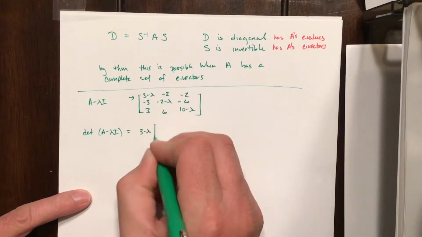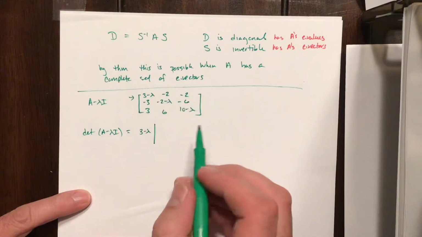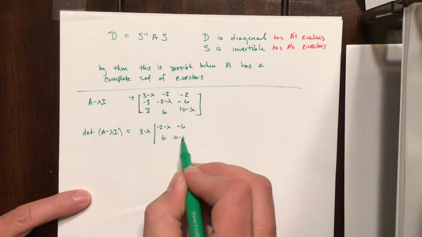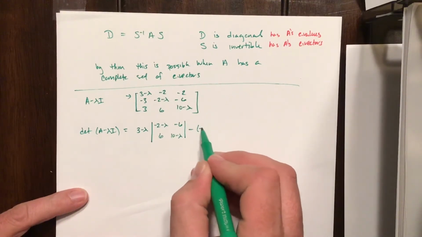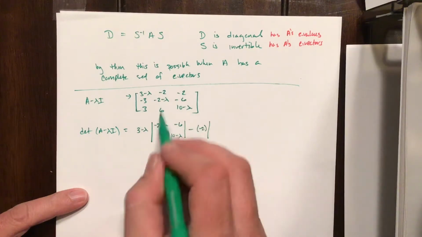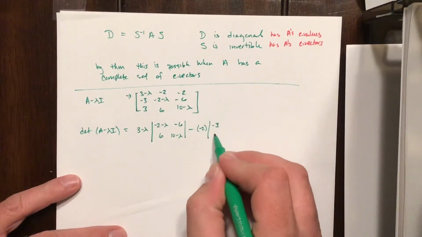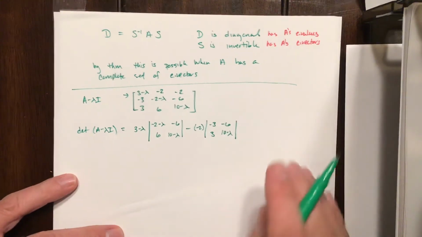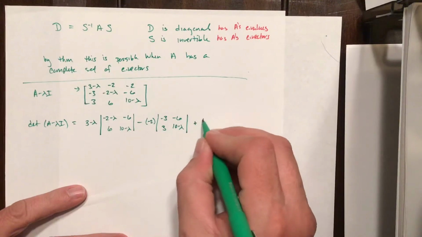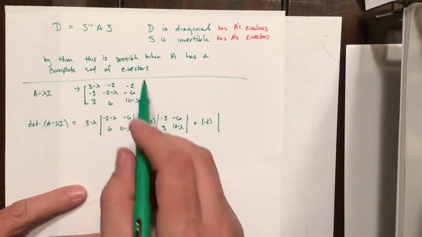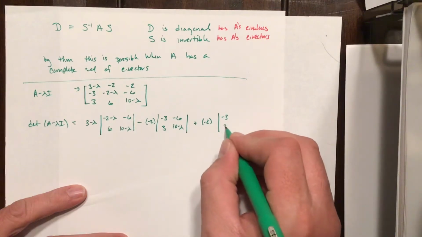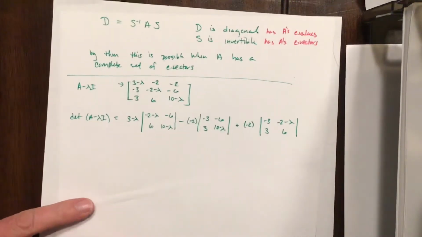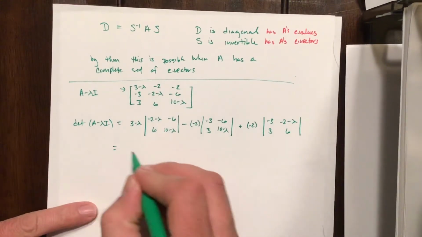So you get 3 minus lambda times the determinant of, cross out the row and column, negative 2 minus lambda, negative 6, 6, and 10 minus lambda, minus negative 2 times the determinant of, cross out the row and column, you have negative 3 and 3, negative 6, and 10 minus lambda, plus negative 2 times the determinant of, cross out the row and column, negative 3 and 3, negative 2 minus lambda, and 6. Okay, so let's see what we get here.